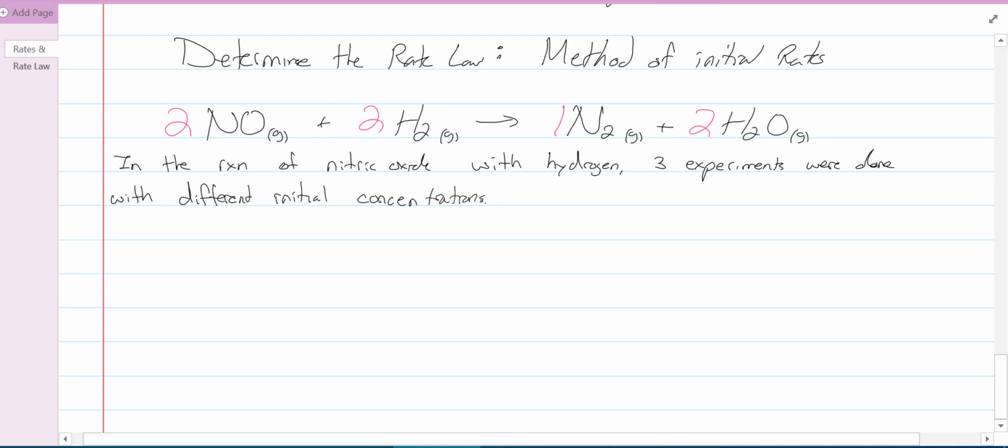So the question is, what is the rate law, and what is the value of the rate constant k?